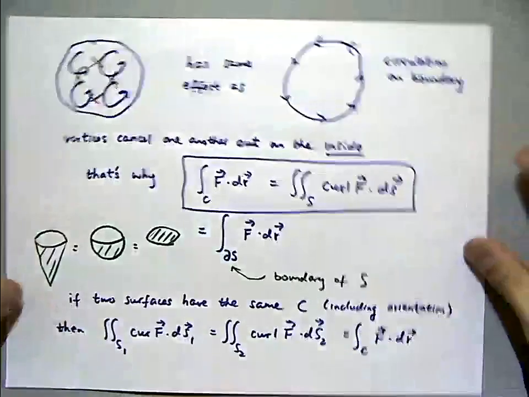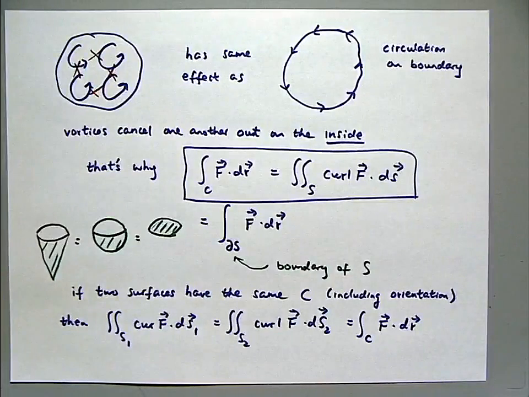So all three of these will have the same surface integral value because of Stokes' theorem. All right? So that means that sometimes if you're doing a surface integral over a very complicated surface, you just need to look at the boundary there, and then pick a surface that's very simple to deal with that has the same boundary curve. Okay, we'll come back to that point in a little bit.